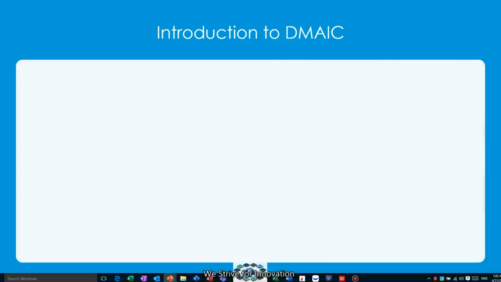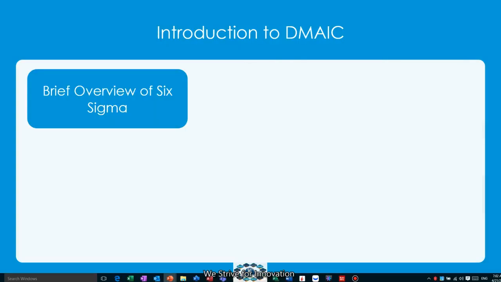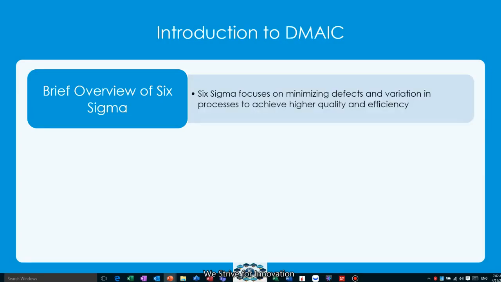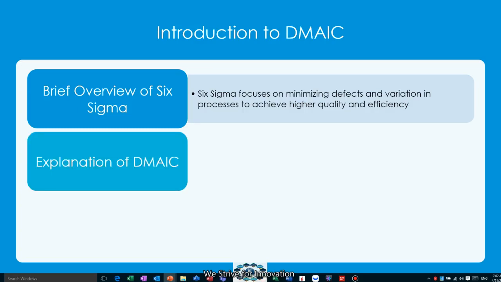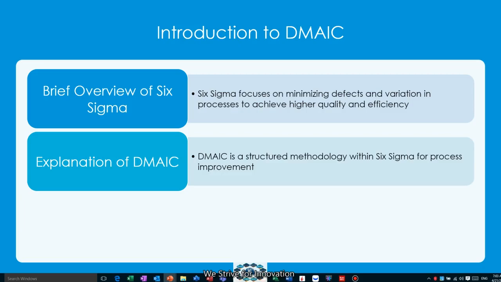We're first going to have a brief overview of Six Sigma itself, and what it is focusing on, which is minimizing defects and variation in the process to achieve higher quality and efficiency. Then we're going to address DMAIC, which is how Six Sigma is understood by most people, a structured methodology within Six Sigma for process improvement.